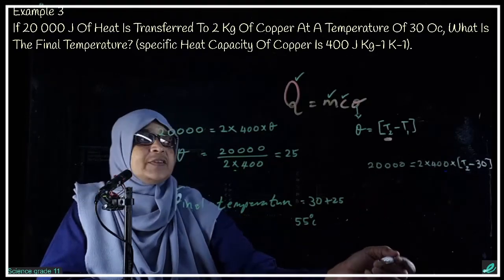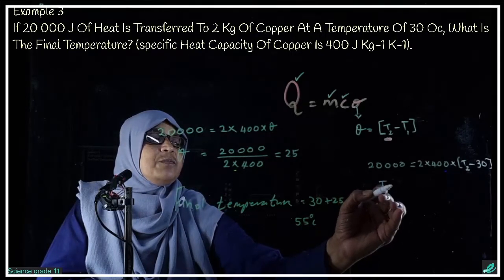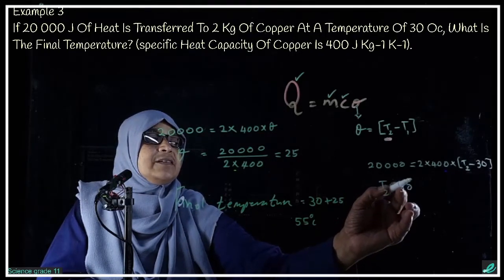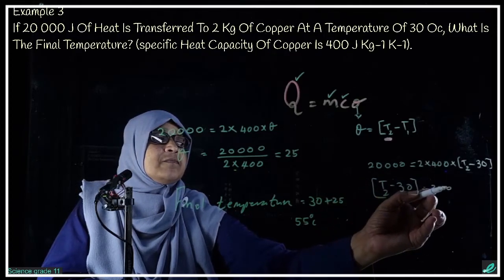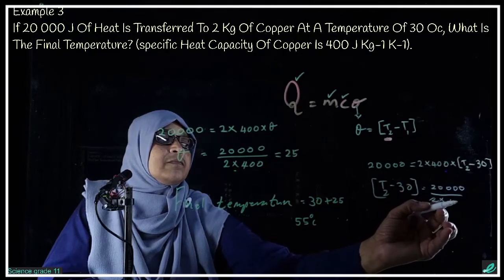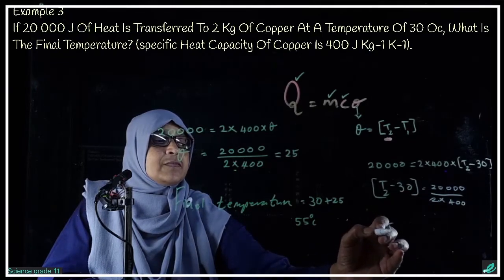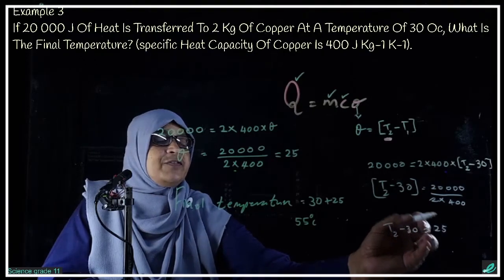Now, this unknown we bring to this side. T2 minus 30 is equal to 25.